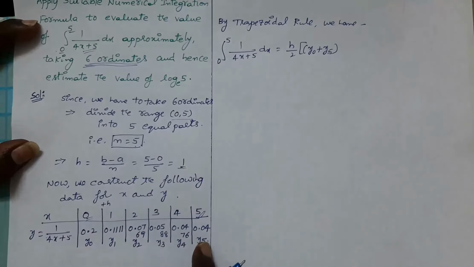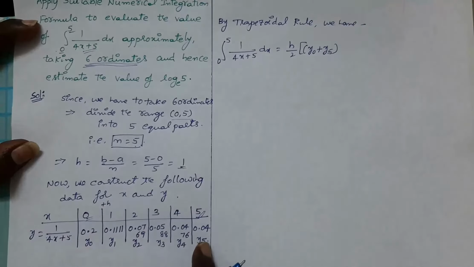We have to divide the entire value by 2. So division 2. So you will get 0.4075 approximately. This is the integration value by using the trapezoidal rule. Now the first part is completed. You can take this as equation number 1.